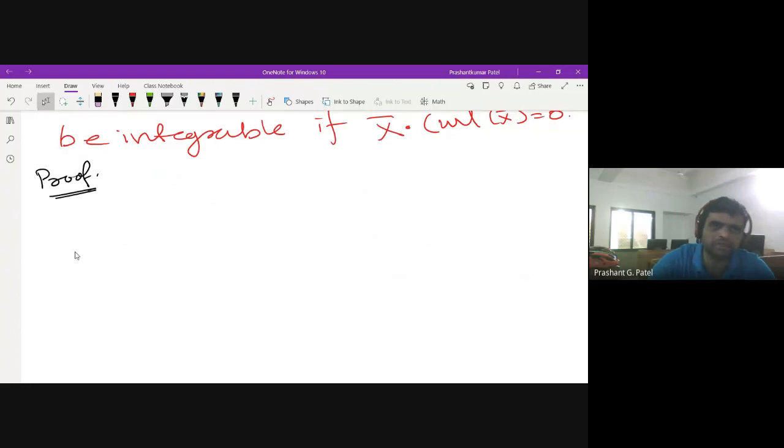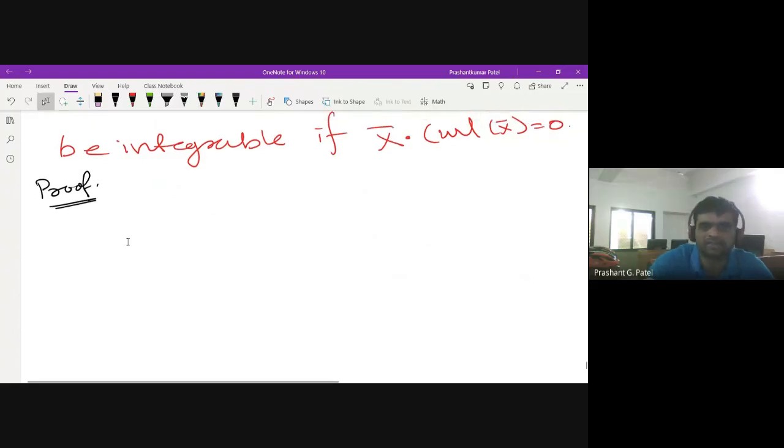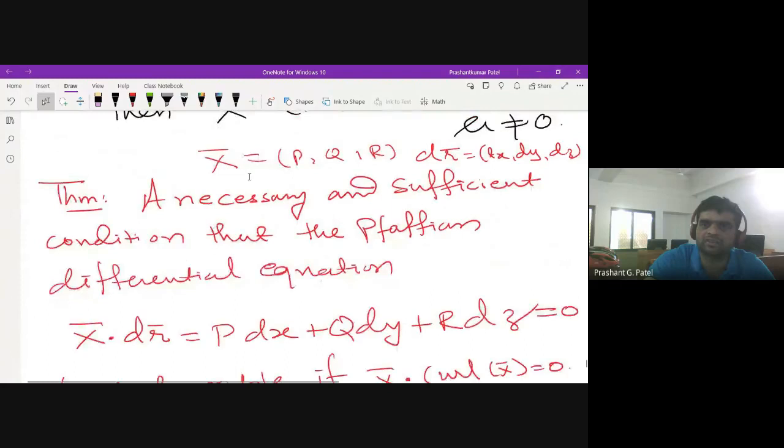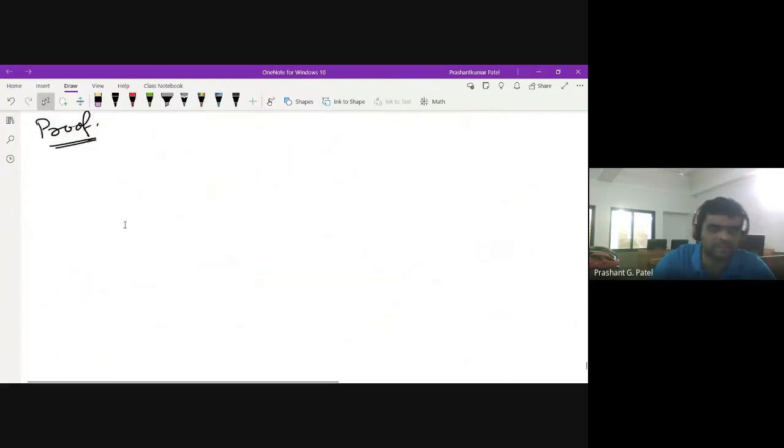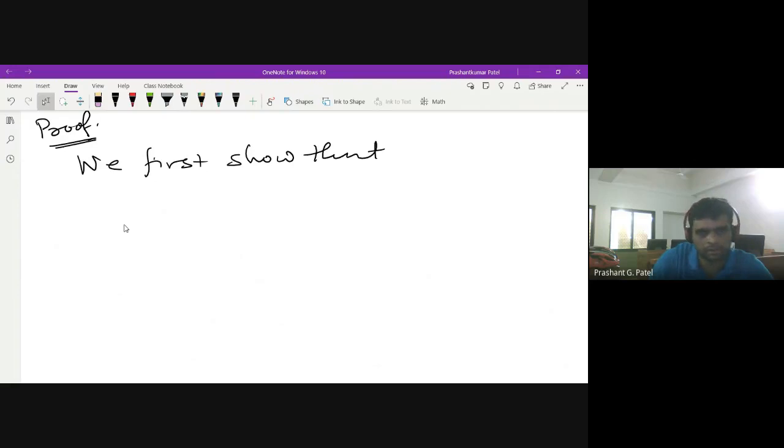So here the question is a necessary and sufficient condition. So first we'll talk about the necessary condition and then we'll talk about the sufficient condition. Okay, so we first show that the condition is necessary.